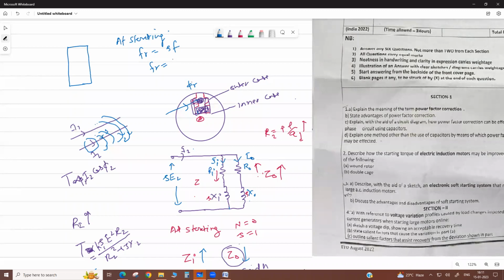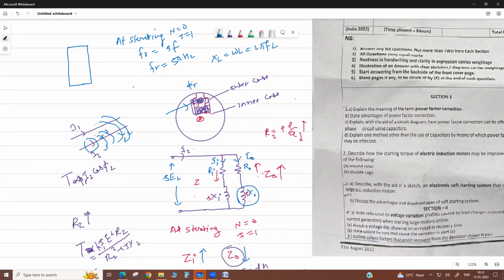At starting, your speed is 0, slip is 1, then rotor frequency is equal to supply frequency, like 50 Hz. So if frequency is high, then reactance is high, because XL equals omega L equals 2 pi f L, correct?